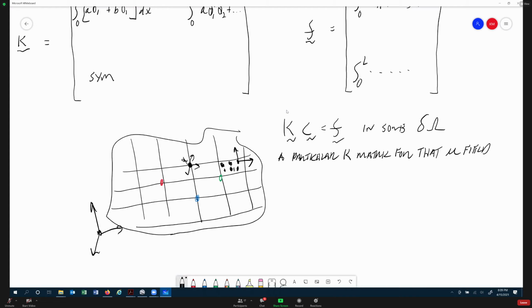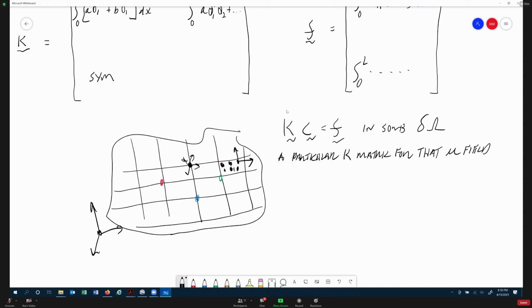Okay, so I think that's probably a good stopping point for tonight, because what we'll do on Monday is basically start from the top again. We'll start from a strong form, and I'll go strong form directly to the weak form. We'll skip all the steps in between because we don't really care about that.